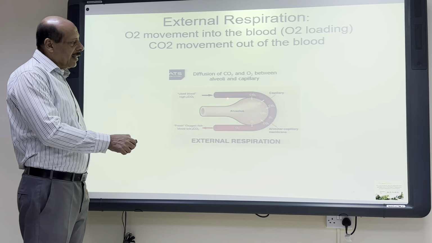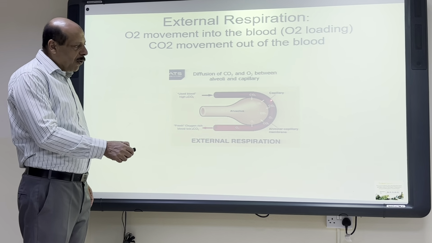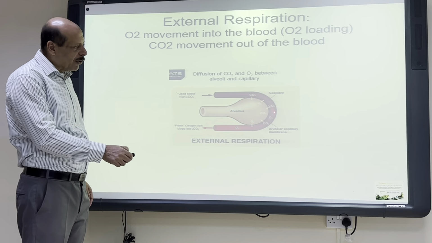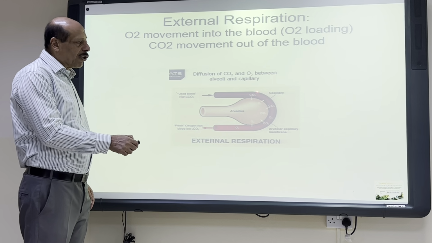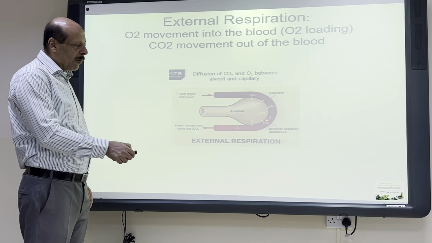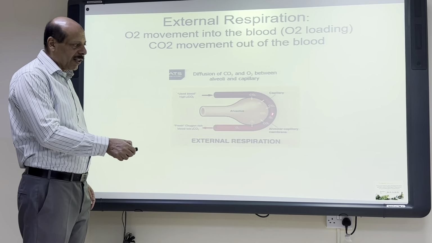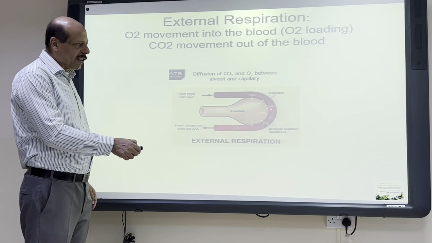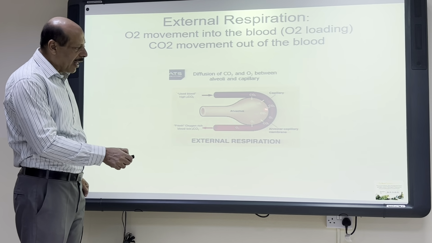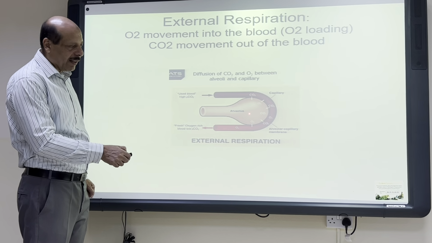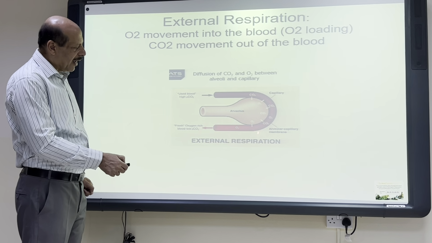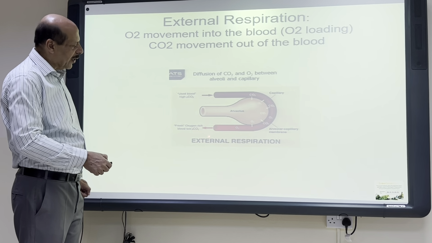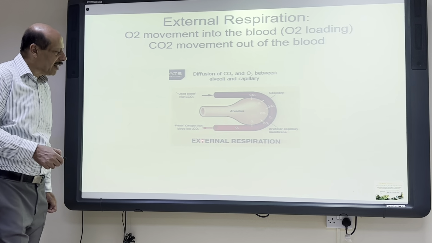Those capillaries mostly contain carbon dioxide, so the carbon dioxide concentration will be more, and the oxygen concentration will be less, and the pressure of oxygen will be less. And here in the alveoli, the pressure of oxygen is high, so it will diffuse to the blood vessels, and the blood becomes oxygenated. This is the external respiration.